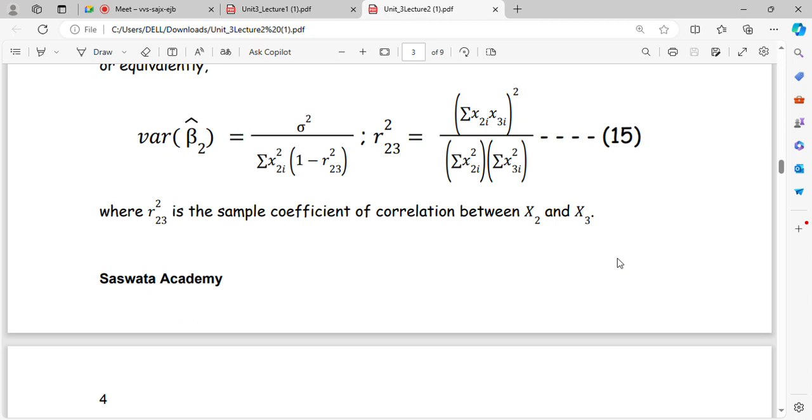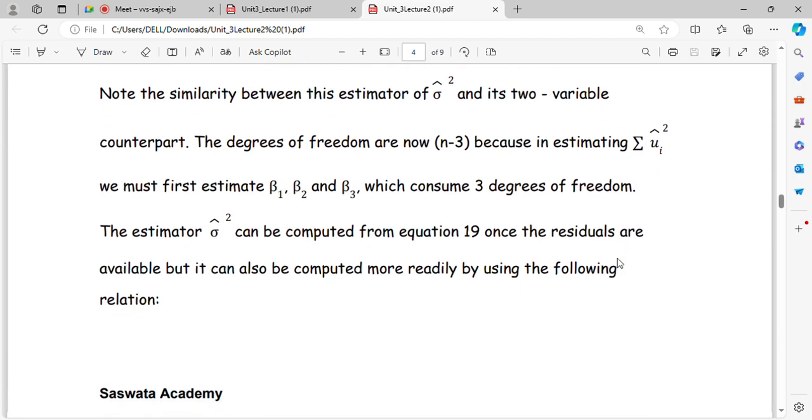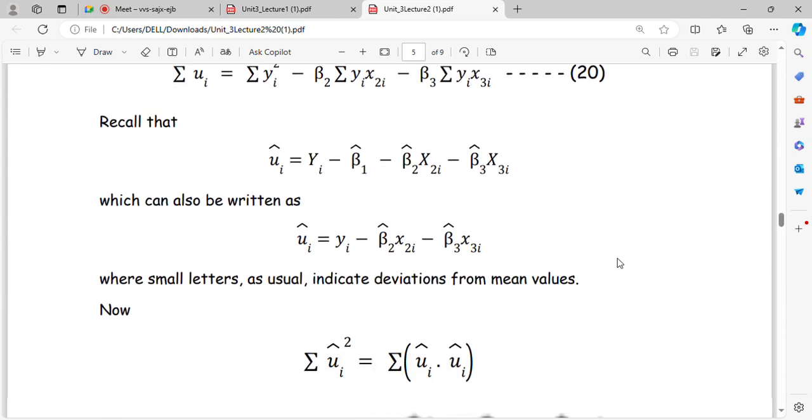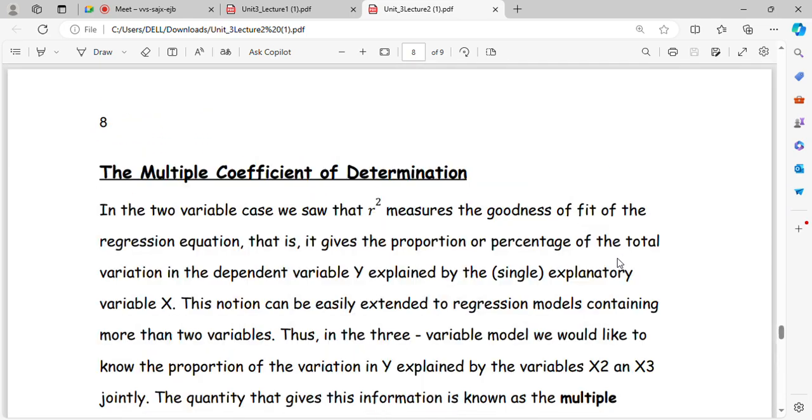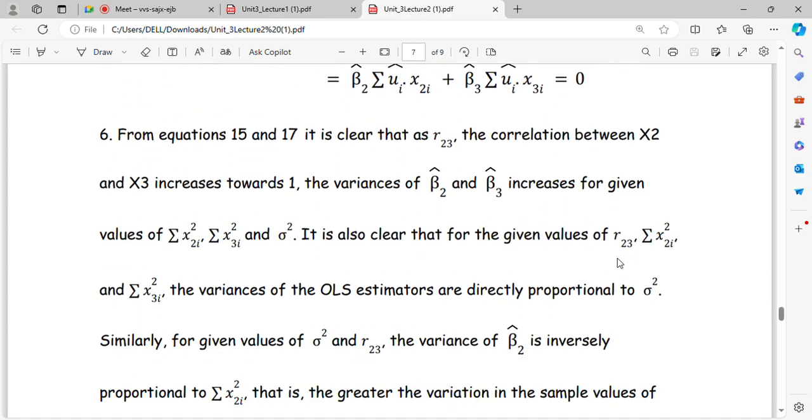And we know that an increase in variance is not good, right? That's why property 6: from equations 15 and 17, it is clear that as the correlation coefficient between x2 and x3 increases towards 1, the variances of beta 2 hat and beta 3 hat increase, right?